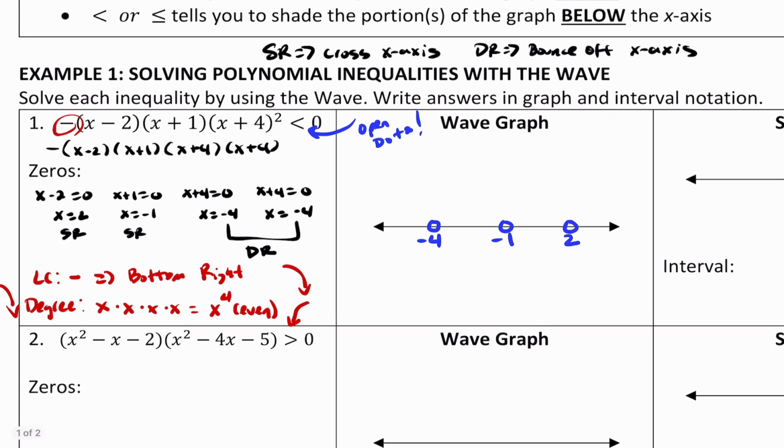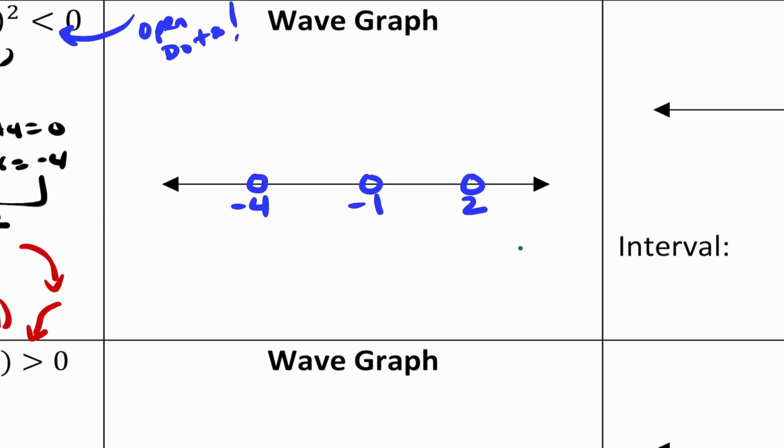We're going to go ahead and draw out the wave of this thing. So 2 and negative 1 are single roots, and negative 4 is a double root. So we're going to start bottom right. We're going to cross at 2. And as I approach negative 1, I should be able to cross. But when I approach negative 4, it should bounce off the x-axis, just like that.